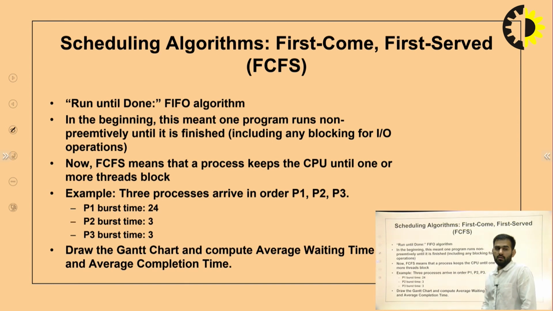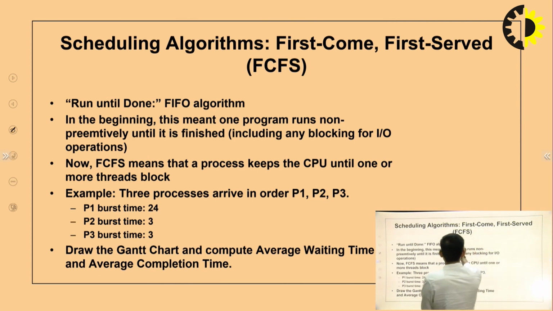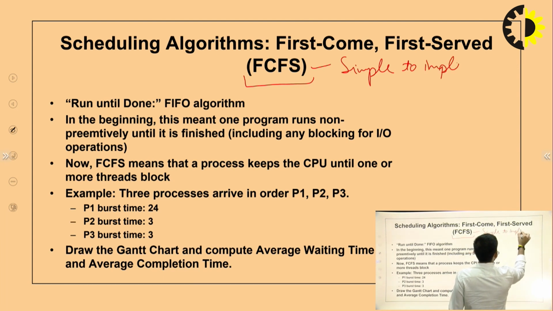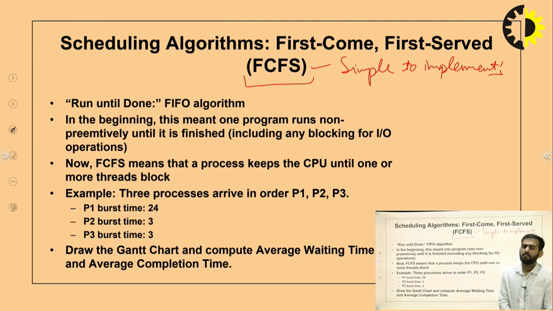Now the first scheduling algorithm is first come first serve, FCFS. It is a very simple algorithm, simple to implement. As the name suggests, it works on a FIFO basis.